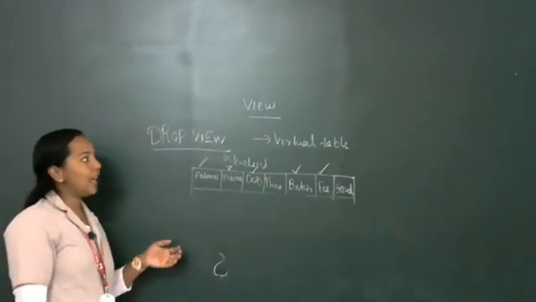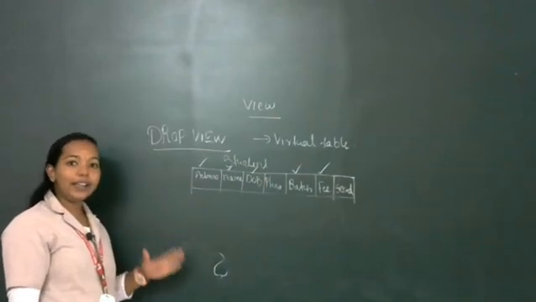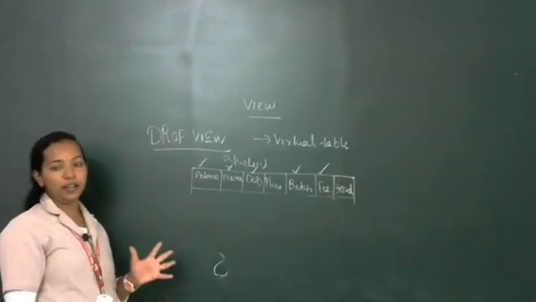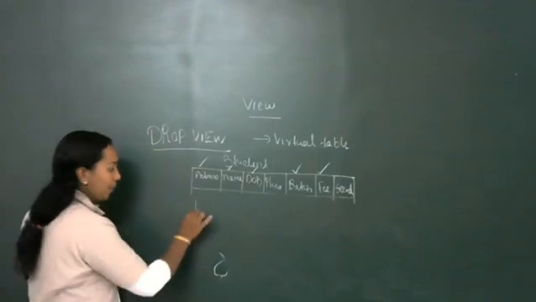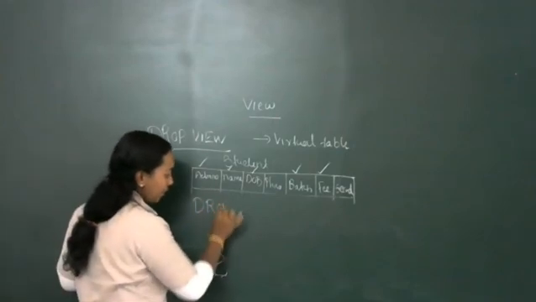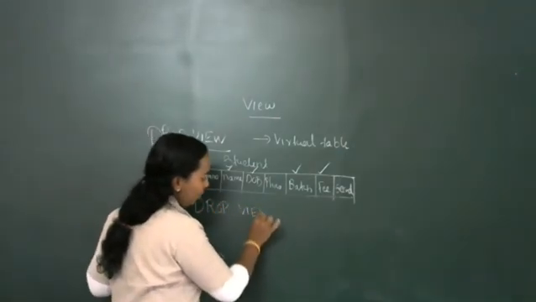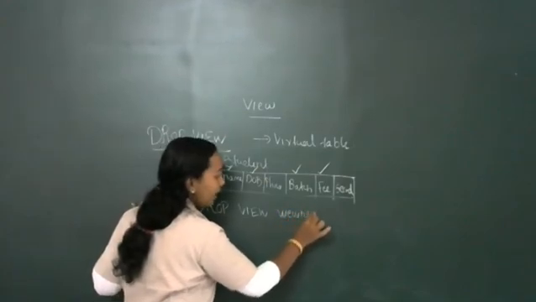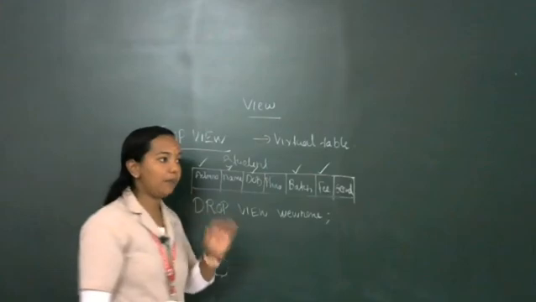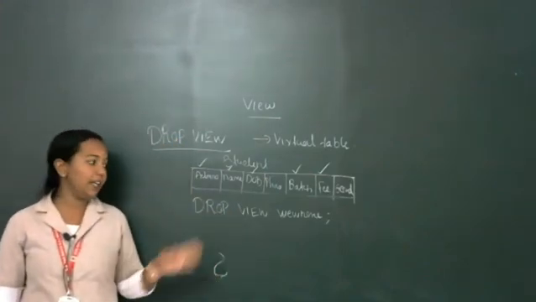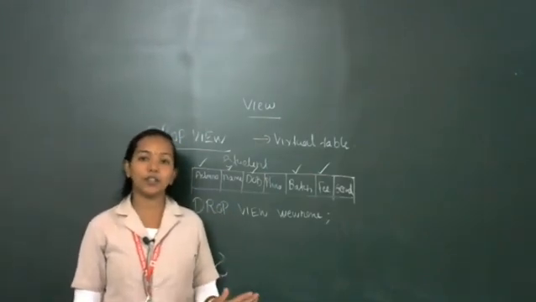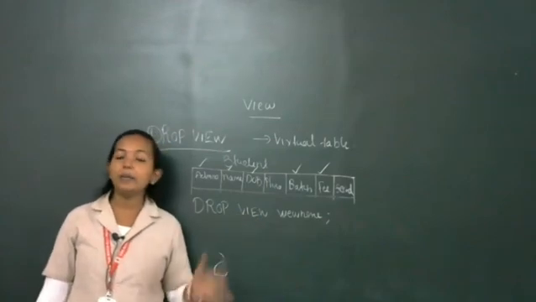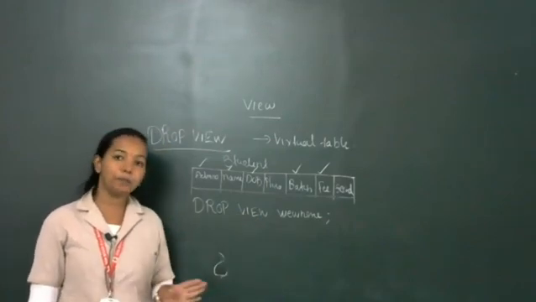The command that we use for deleting views is drop view. So we can write drop view, then the view name. If we write like this, then the corresponding view will be eliminated from that particular database.